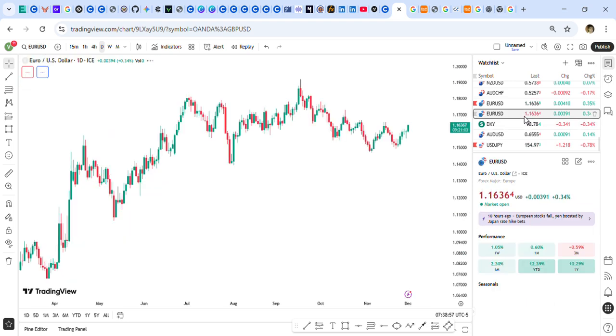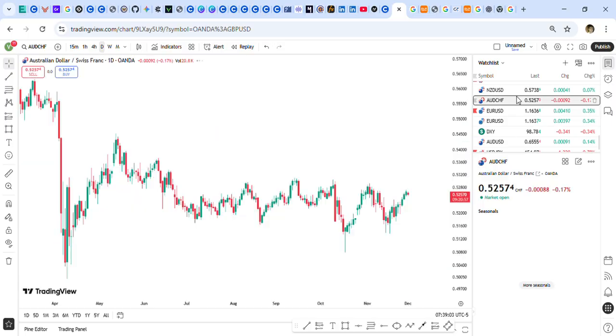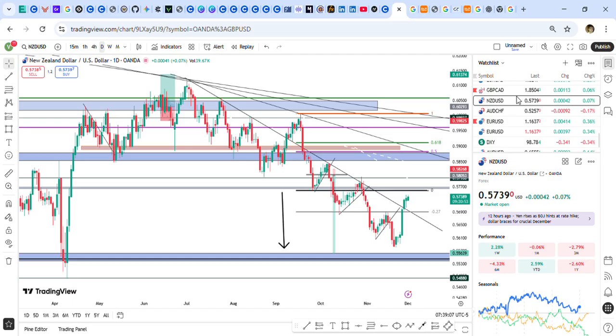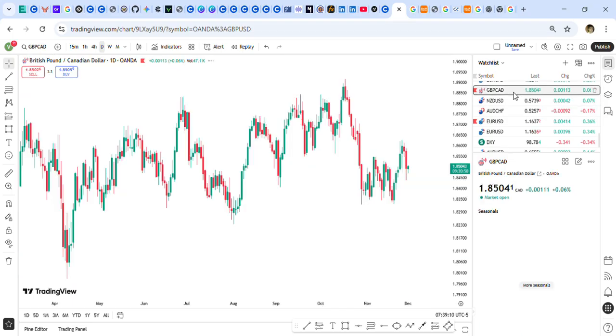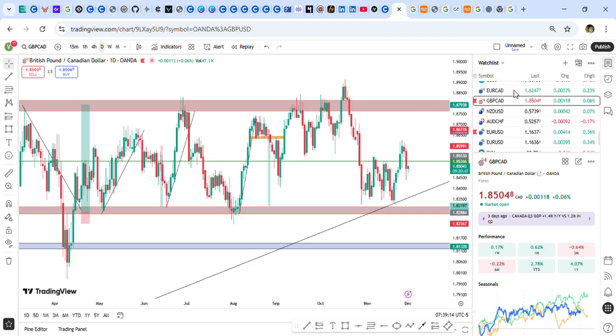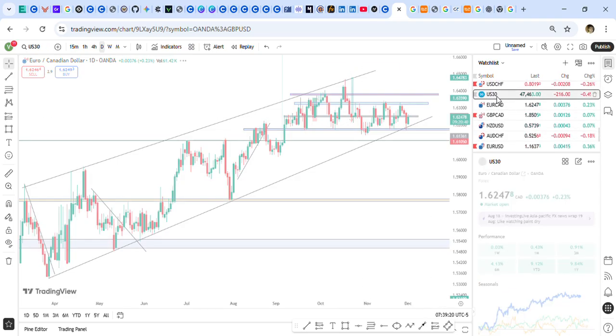DXY, no opportunity. Euro USD, no opportunity. I can't see any opportunity. The targets aren't giving me a clear direction. NZD USD, I'm not seeing a clear opportunity. GBP CAD, no opportunity. Euro CAD, no opportunity too.